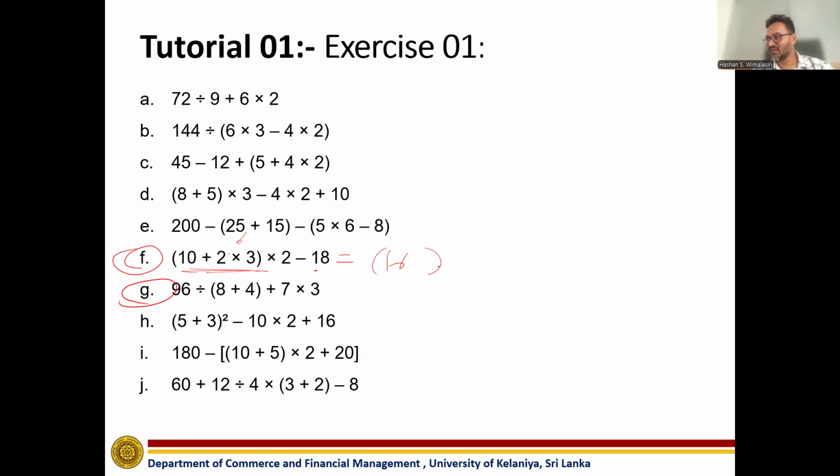Within brackets. And multiplied by 2 minus 18. You can't do that first, because for 2 minus 18, again we have to follow the BODMAS rule. 16 into 2, 32. Yes, 32 minus 8. So the answer is 24.